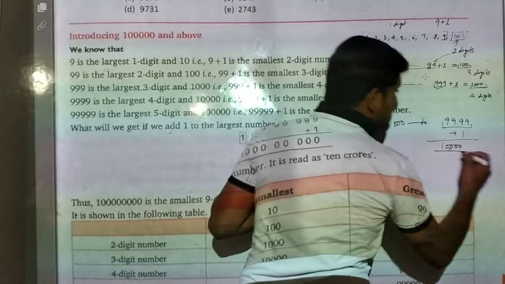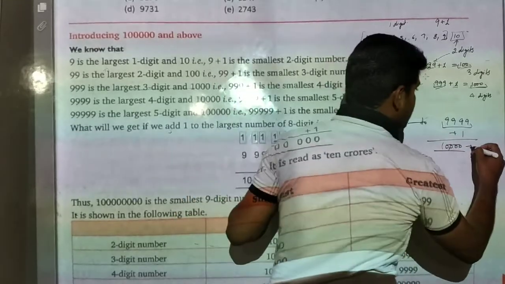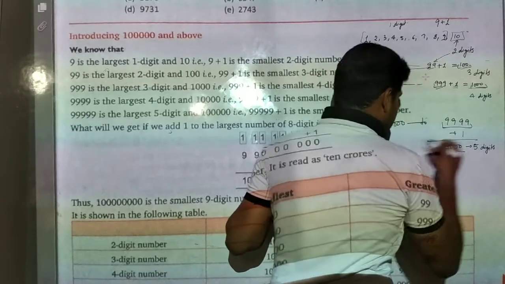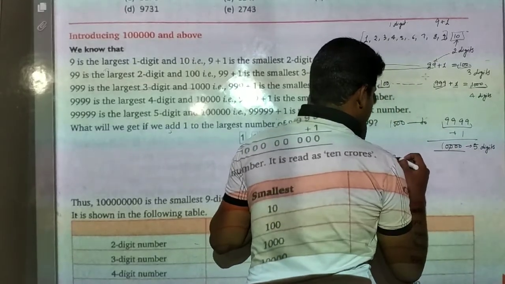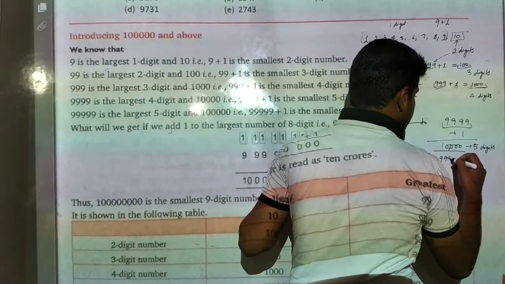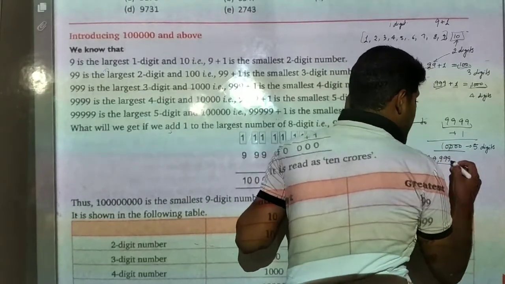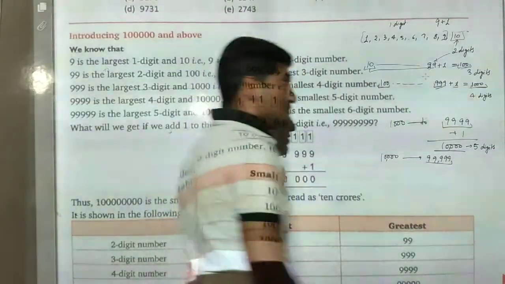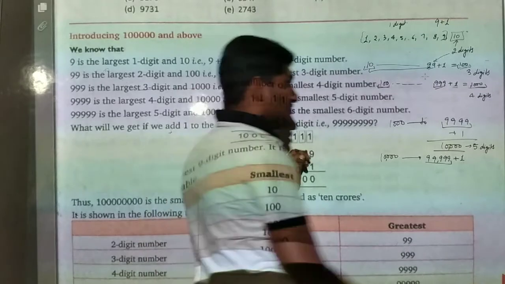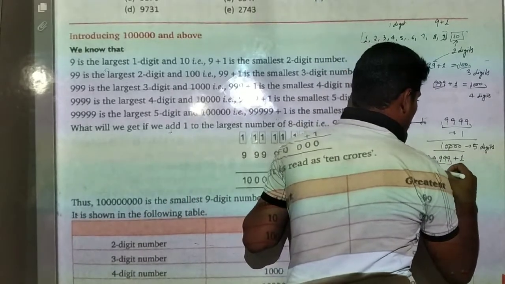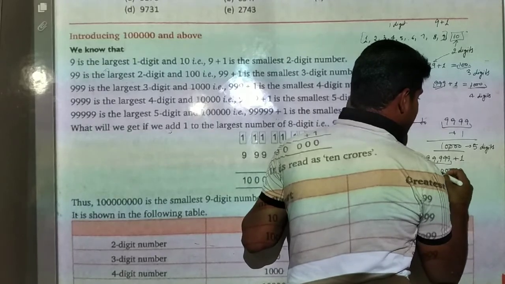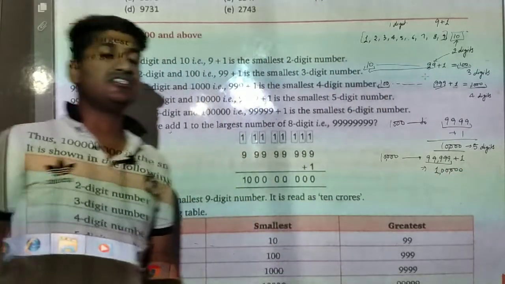10,000. This is the smallest 5-digit number. After that, from this smallest 5-digit number we go to 99,999, the largest 5-digit number. Now when we add 1 to this largest 5-digit number, we get 1 lakh, the smallest 6-digit number.